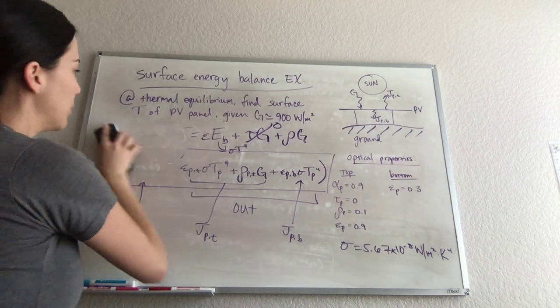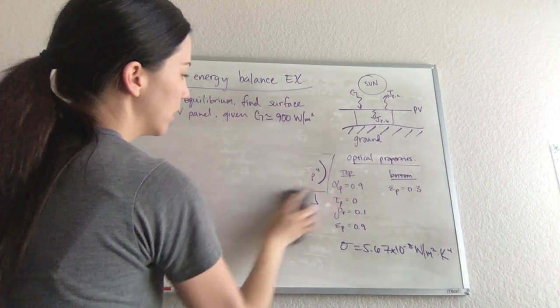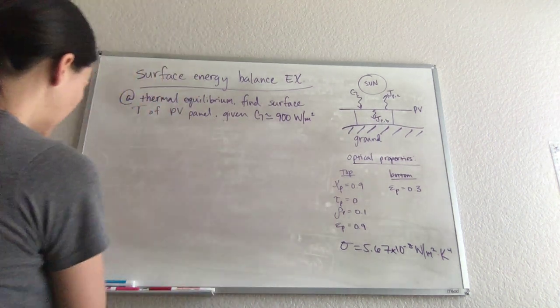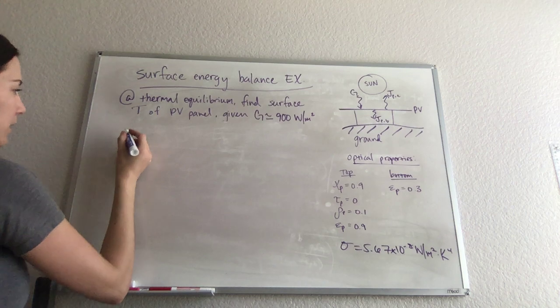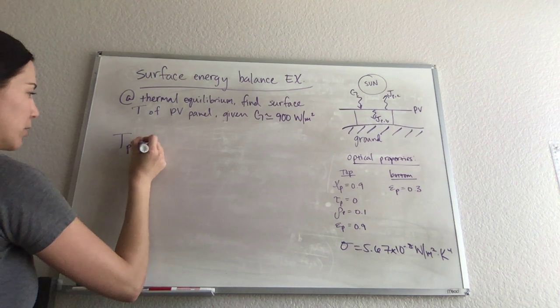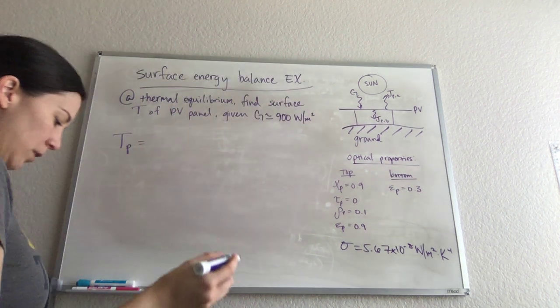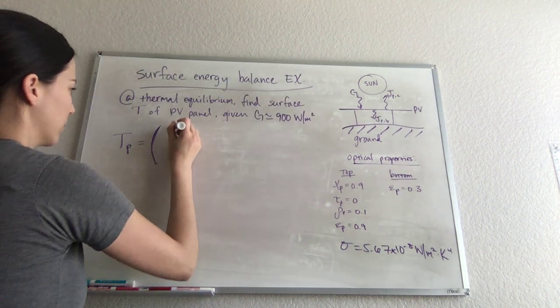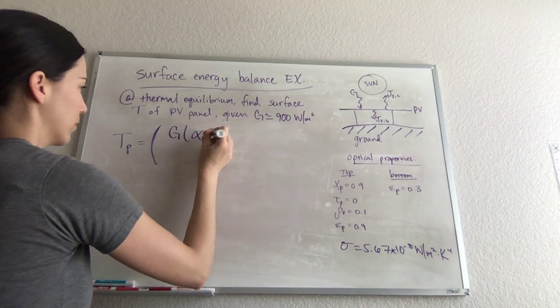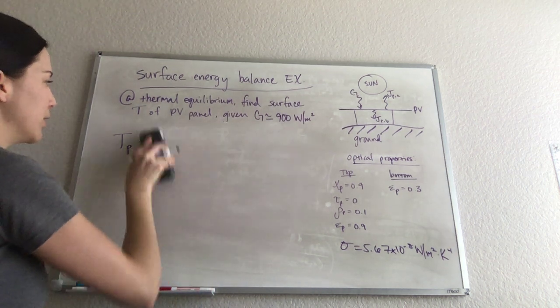So you need to do a little bit of algebra, which I'm not going to do. If you need help with algebra, let me know, or reach out to a tutor. But basically, if you solve for the temperature of the panel, given that equation that I just had up there, let me keep my notation consistent.